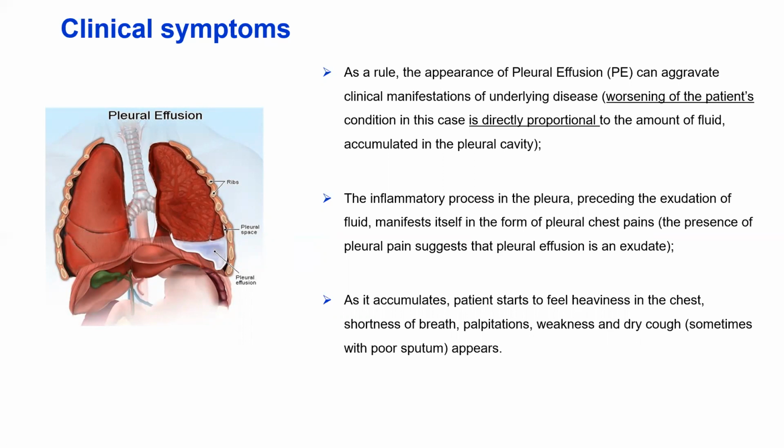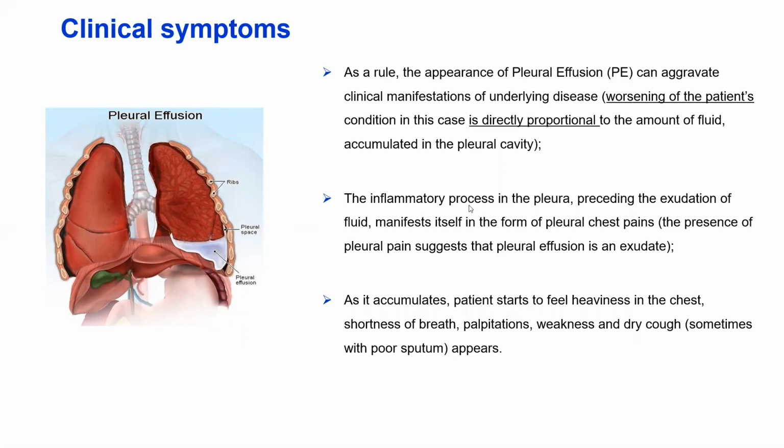First of all, we notice the close relationship between the worsening of the patient's condition and the amount of fluid accumulated in the pleural cavity. These two parameters are directly proportional to each other.